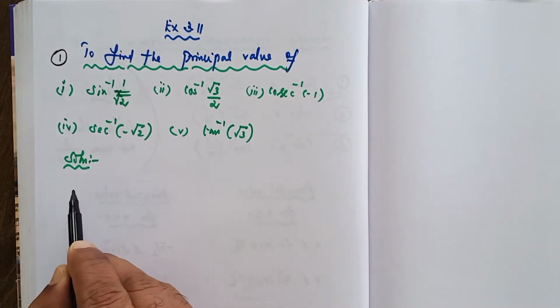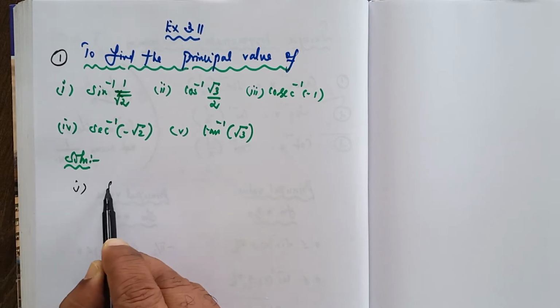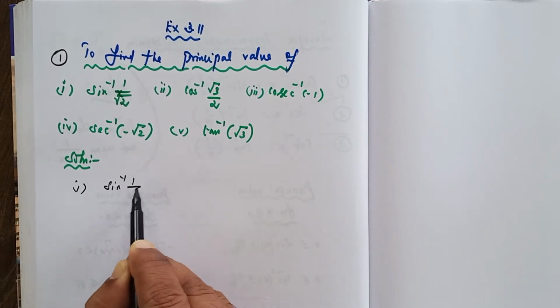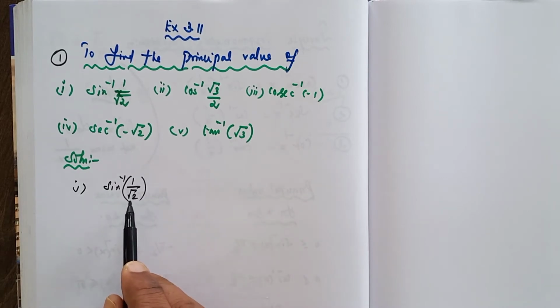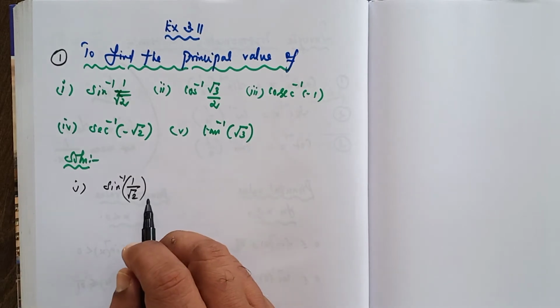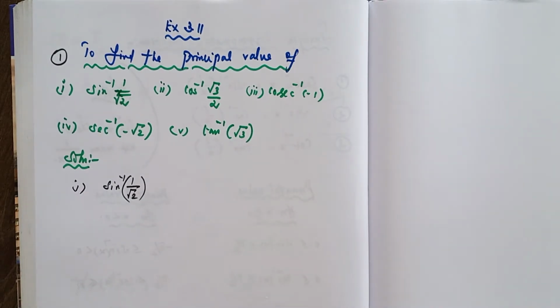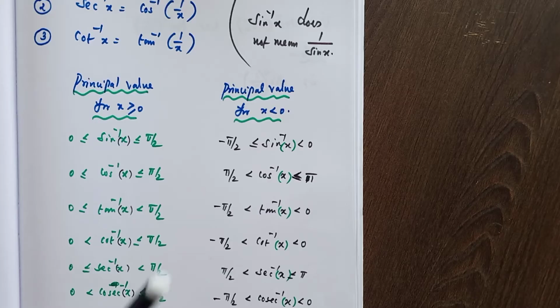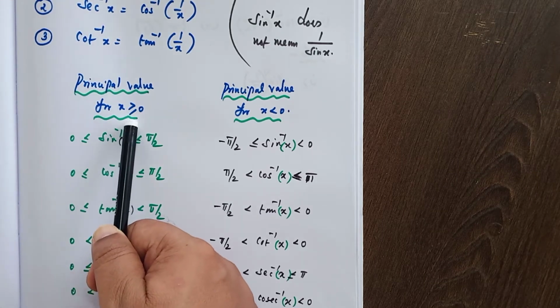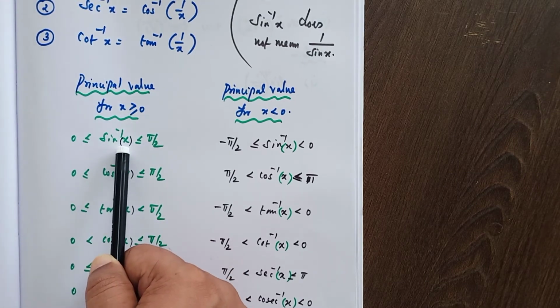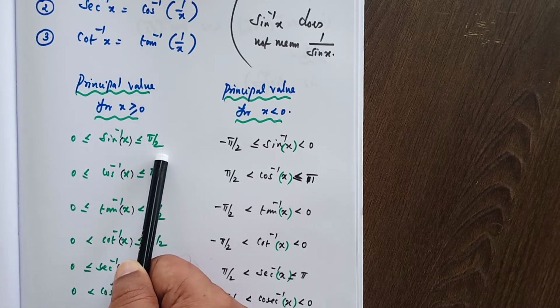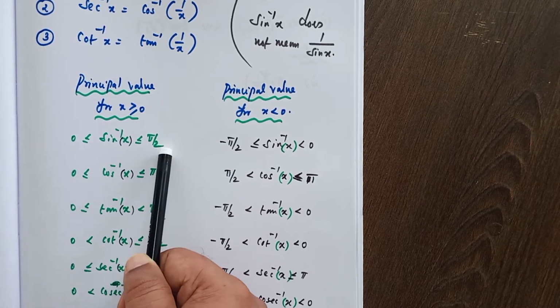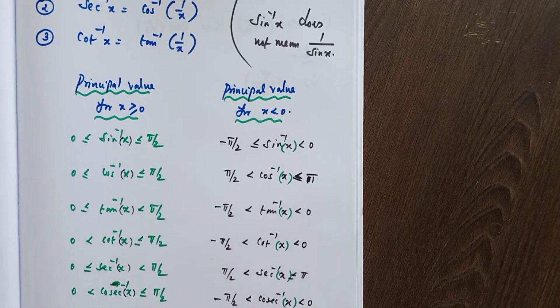Now subdivision number 1. Sine inverse of 1 by root 2. Here 1 by root 2 is positive. I have given the principal value of sine inverse of x if x is greater than or equal to 0. Here it is. Look at that, x is positive. The sine inverse of x principal value lies from 0 to 90, in the first quadrant. 0 to 90 is the first quadrant, you know that.